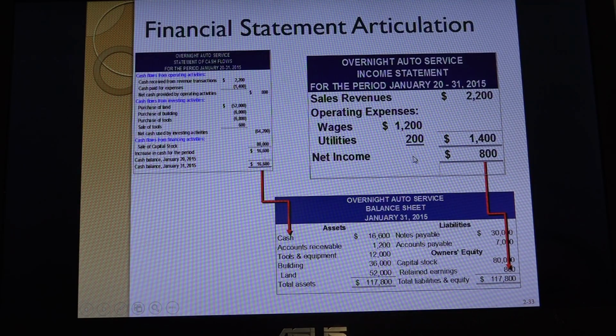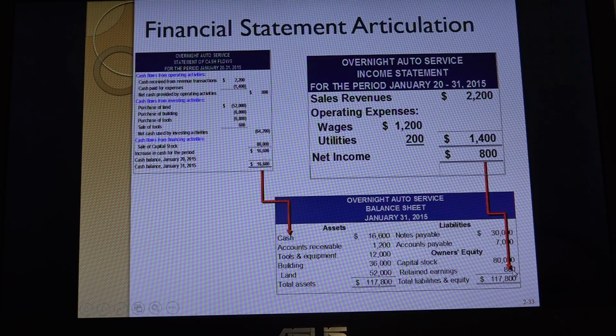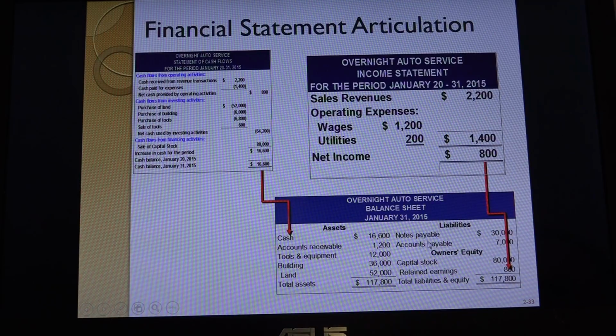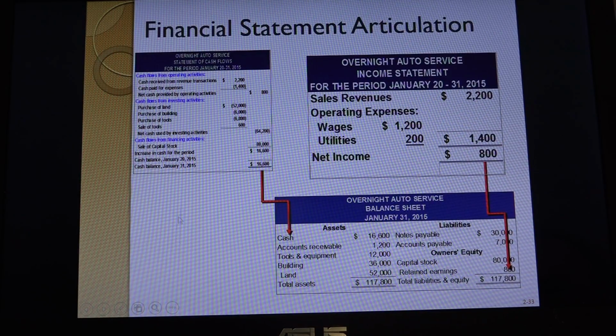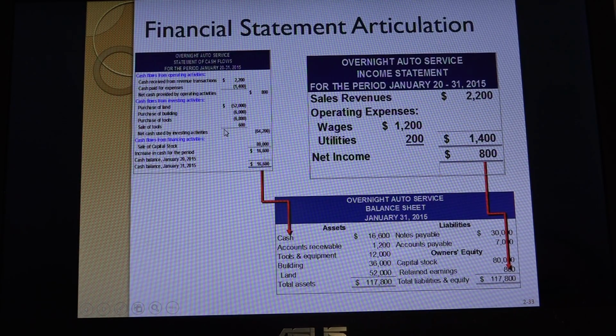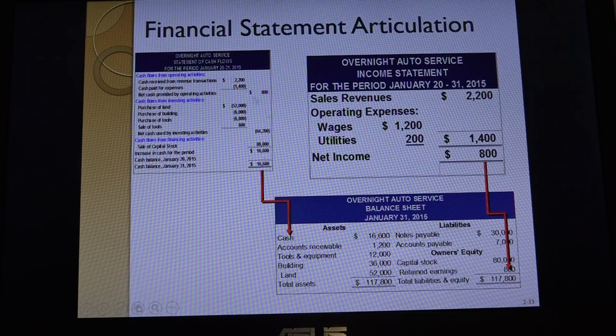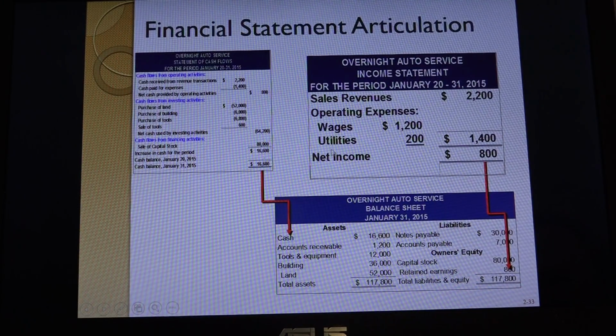The reason why is because until you know net income, you don't know what number to put in here for retained earnings. So you do your income statement first, your balance sheet second, you do another one called the statement of shareholder equity third, and then this is kind of an outlier, the statement of cash flows you do last.